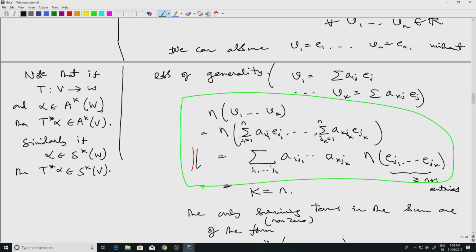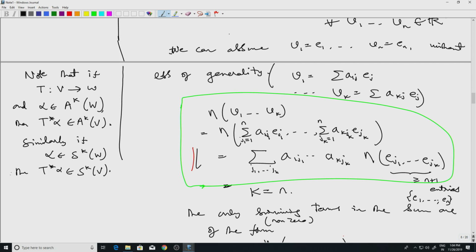On the other hand, since we have assumed that the dimension of the vector space is n, there are only n of these basis vectors. But there are n plus 1 slots here which have to be filled out. So there will necessarily have to be repetition in each of these terms. Some e_i will have to equal e_j in this. But since eta is alternating, repetition will force the term to be 0.